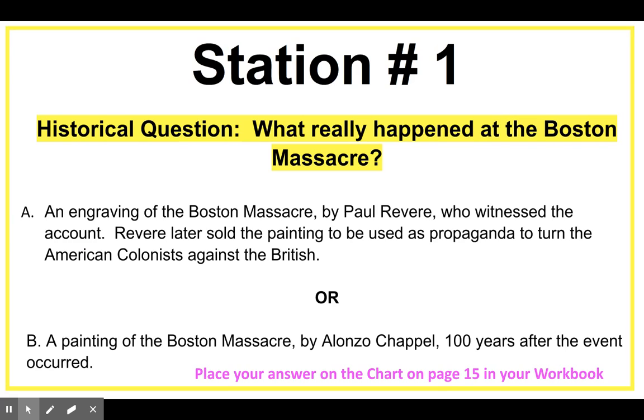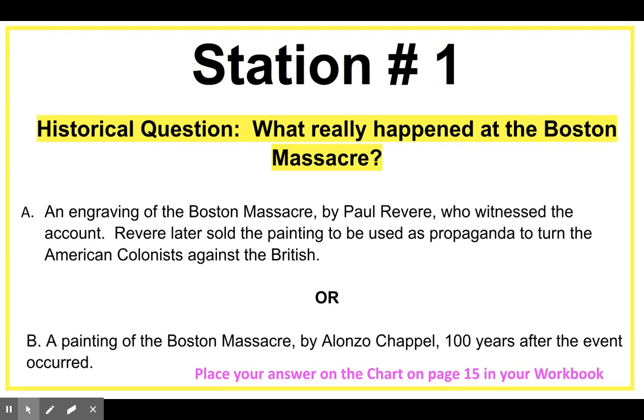Propaganda is something that you use to get people to think a certain way about a topic. So he sold it to be used as propaganda to get the American colonists to turn against the British. So would you use Paul Revere's engraving, or would you use a painting of the Boston Massacre made by Alonzo Chappelle 100 years after the event occurred? Which one would you use?